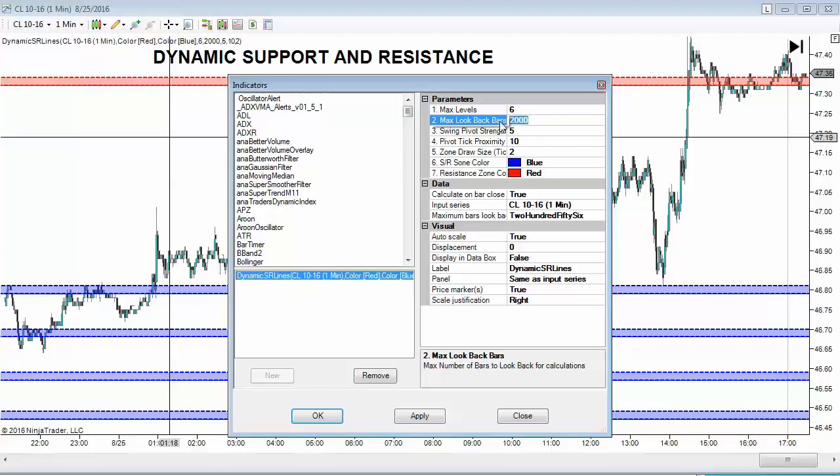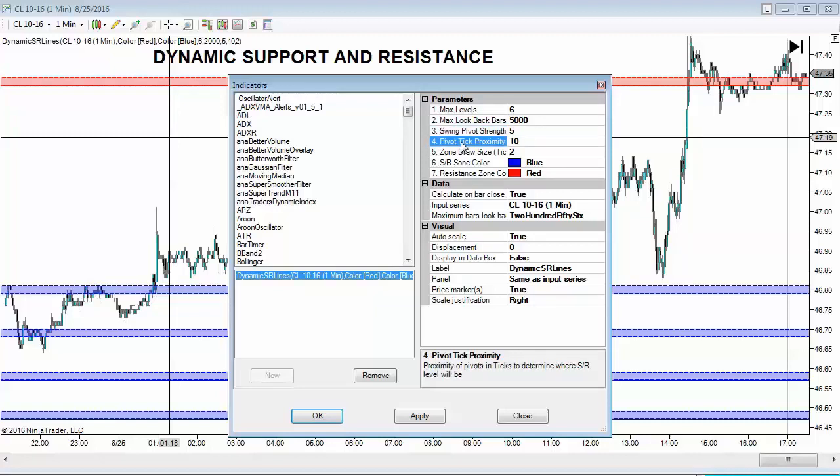And here I've chosen a fairly large number. We could go back as many as 5,000 bars. So you're going to make sure that you need to load a lot of historical data if you want to go back. And then we're asking the computer, hey, go back and find every place where the market has put in a pivot. Find every price where market is bounced.